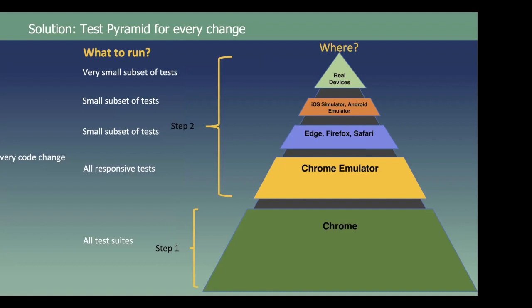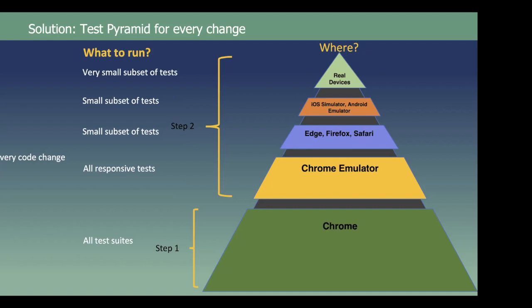Then you can use the Chrome emulator for responsive tests, because to make sure your site is responsive, all you have to do is make sure your page is showing what it's supposed to show at different breakpoints, and it's not showing what it's not supposed to show at certain breakpoints. You can easily do that in the Chrome emulator. You don't need a real device for that, right?